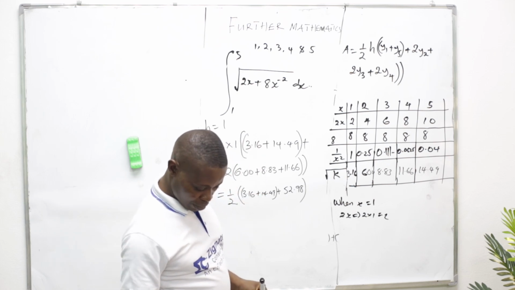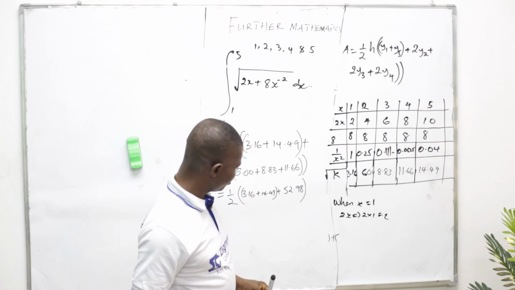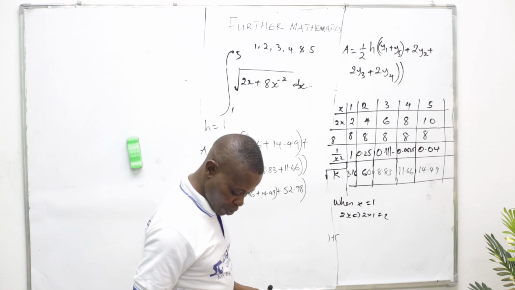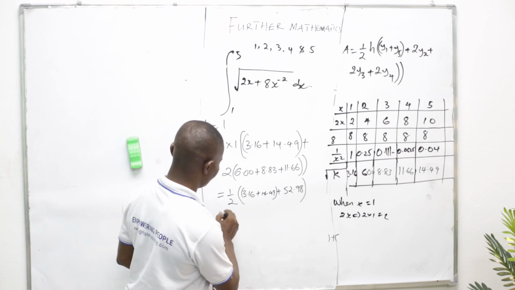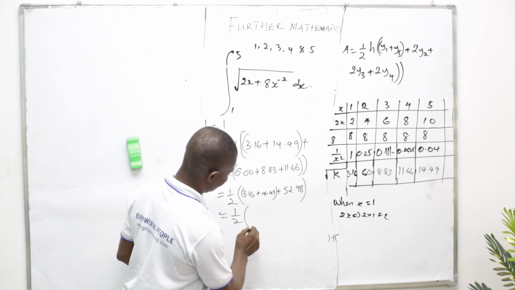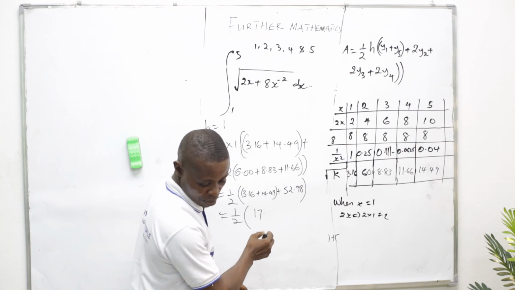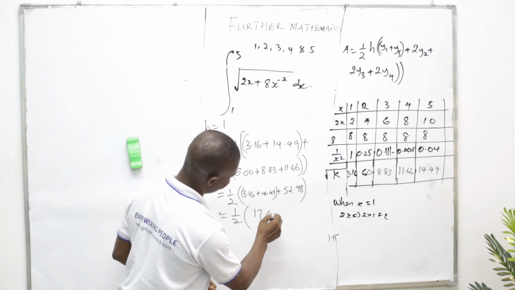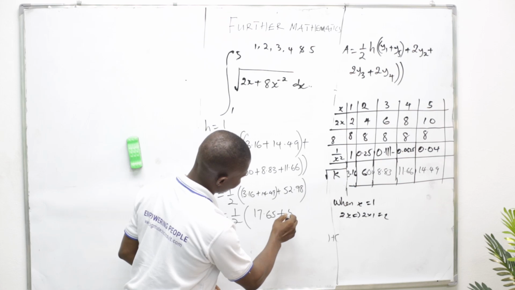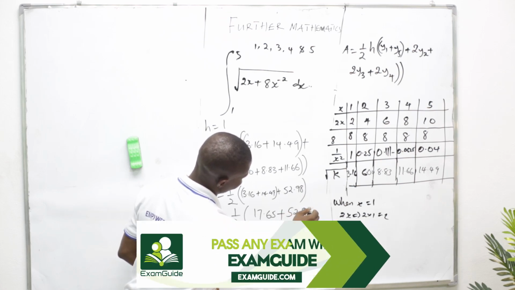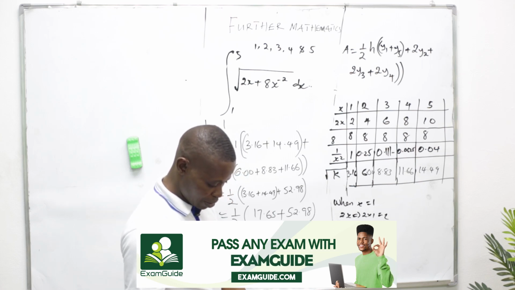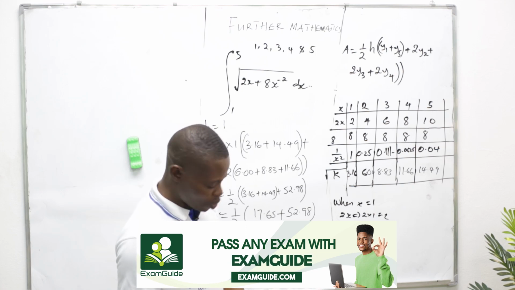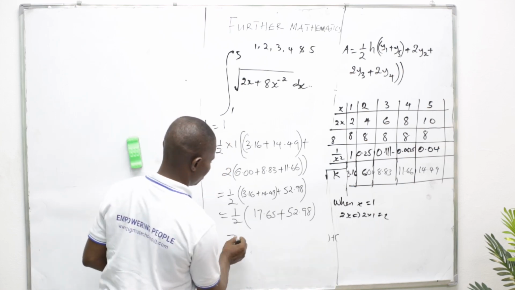3.16 plus 14.49, that's 17.65 plus 52.98, it will give us 70.63.